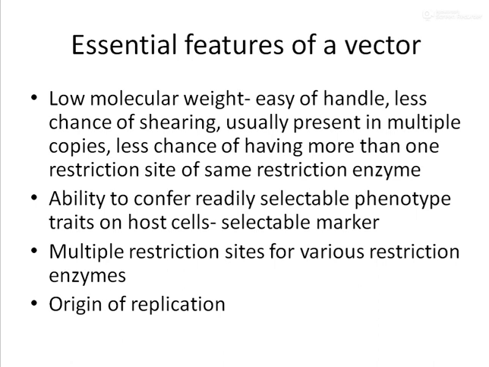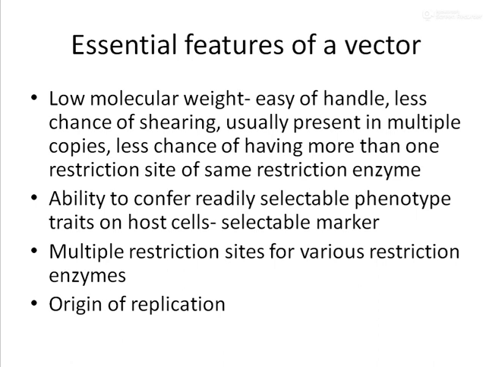You should remember that even the vector, the vehicle which we use to transport a small segment of DNA into the host cell, is also a DNA. And that DNA should be of low molecular weight.